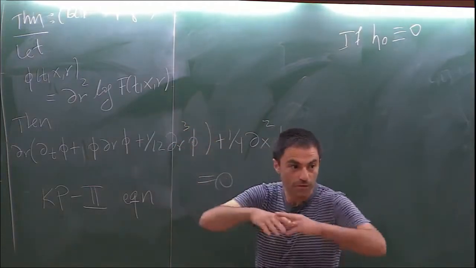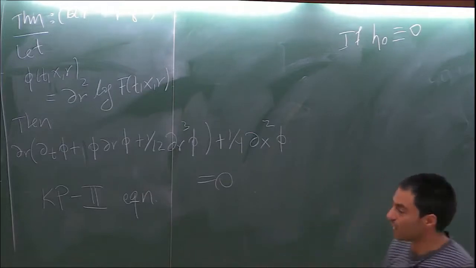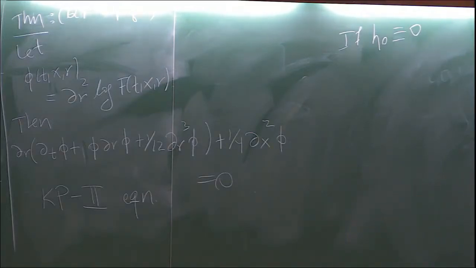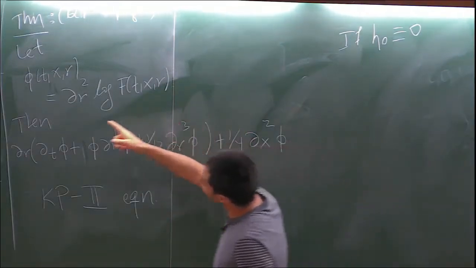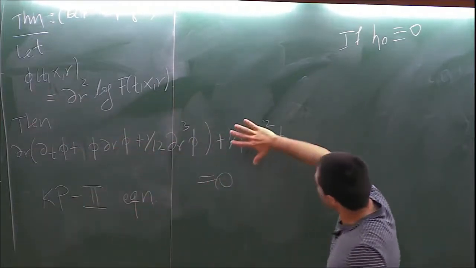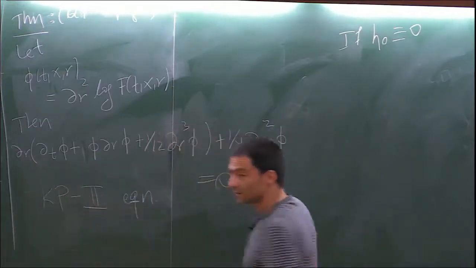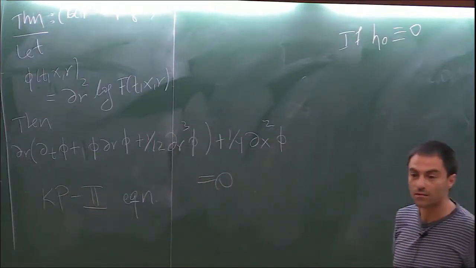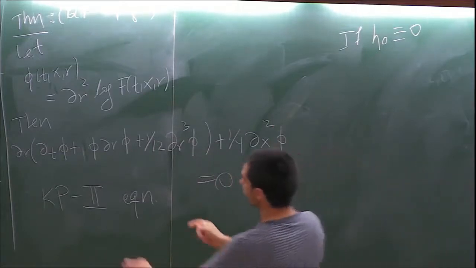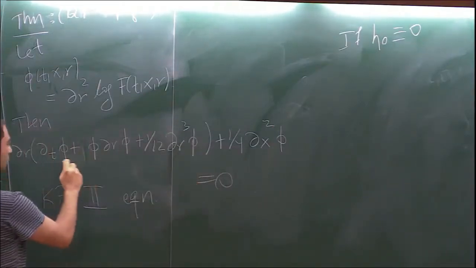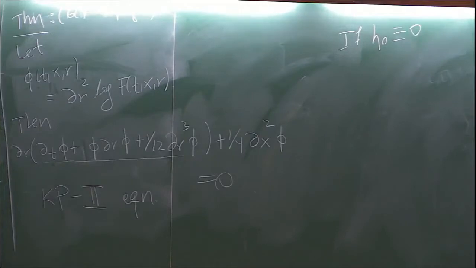But if f does not depend on x, then phi does not depend on x. It means that this is gone. And then you can show that you can remove this d_r. You just integrate and show that the constant that you get is 0. And you get this equation, and that's just the KdV equation. So actually, for flat initial condition, this distribution function satisfies KdV.